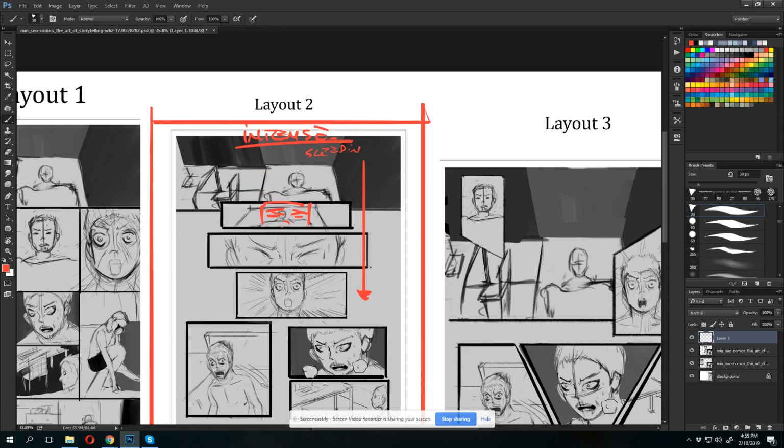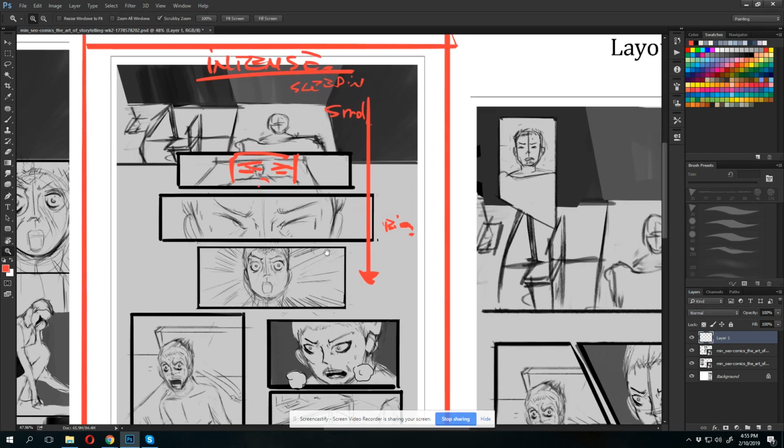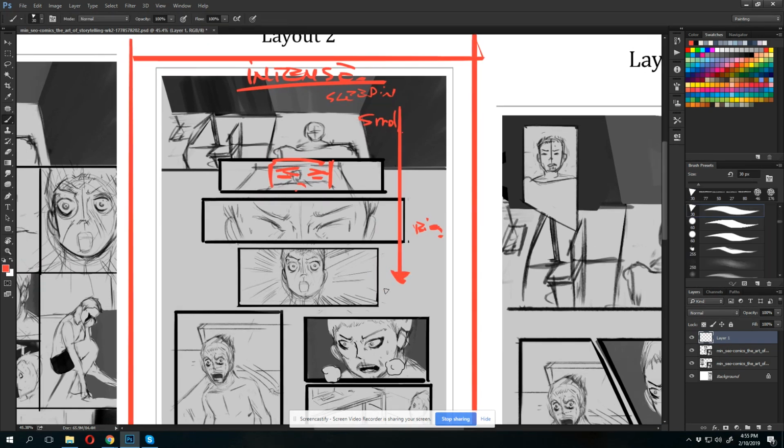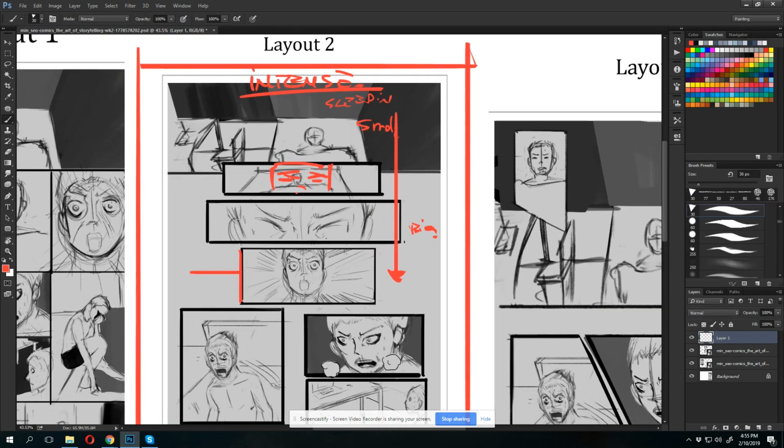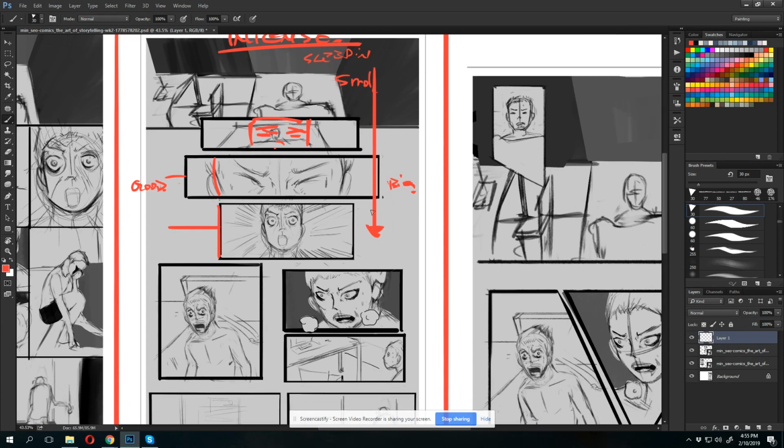So you get closer to it. From big, small, small towards big, to a shot like this one here, which is probably the biggest. So this is good, right? And then you go to big, and you have this scene here, which should be bigger.